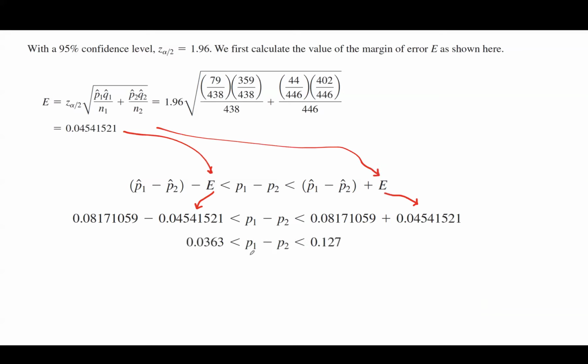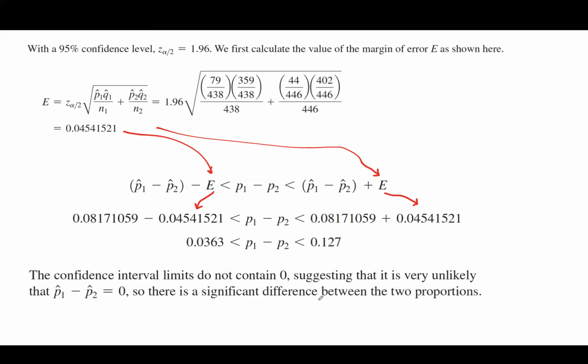So there is a significant difference between the two proportions. As long as the interval doesn't include 0, you're going to say that there is a significant difference between the proportions.